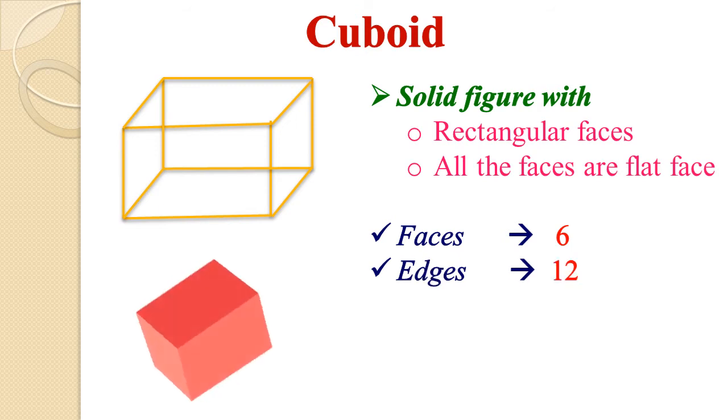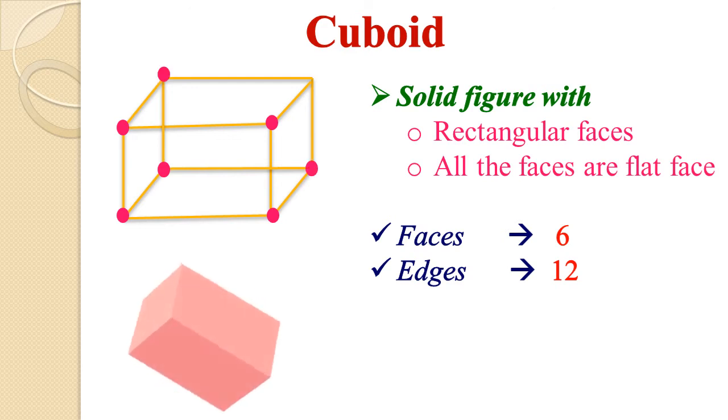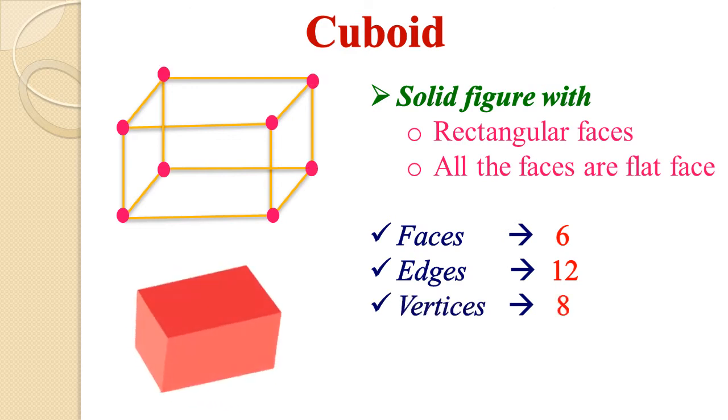So therefore, the cuboid has 12 edges. Let's see vertices. 3 edges of a cuboid meet at a point called a vertex. So therefore, 1, 2, 3, 4, 5, 6, 7 and 8. So the cuboid has 8 vertices.